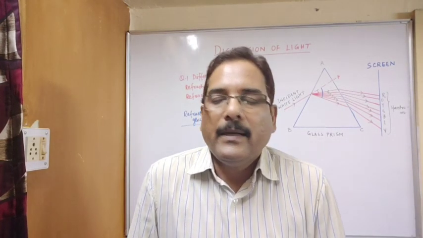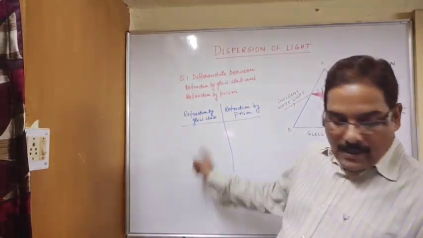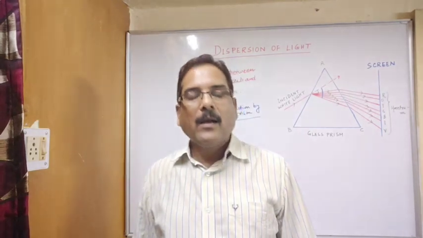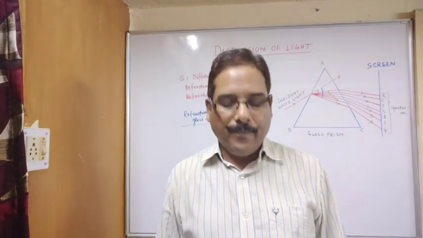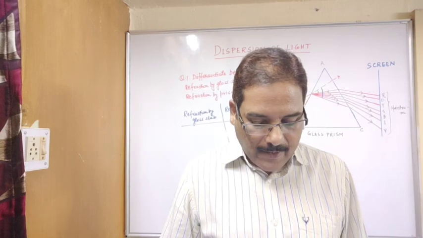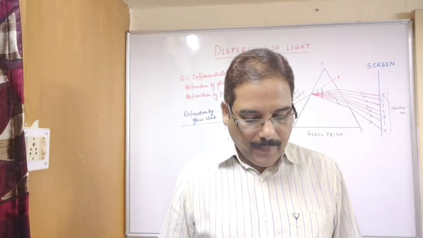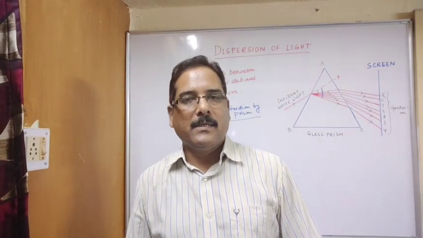Then write the second difference. A ray of light passing through a glass slab is laterally displaced.